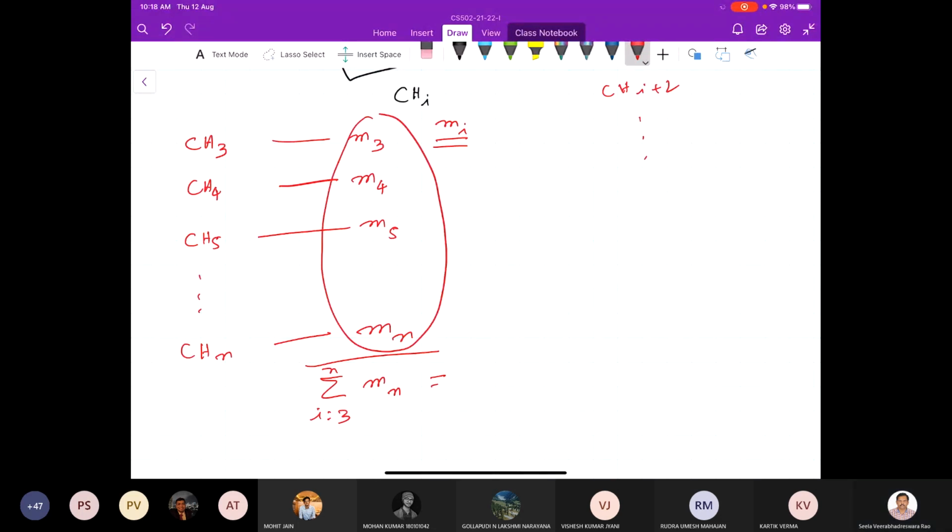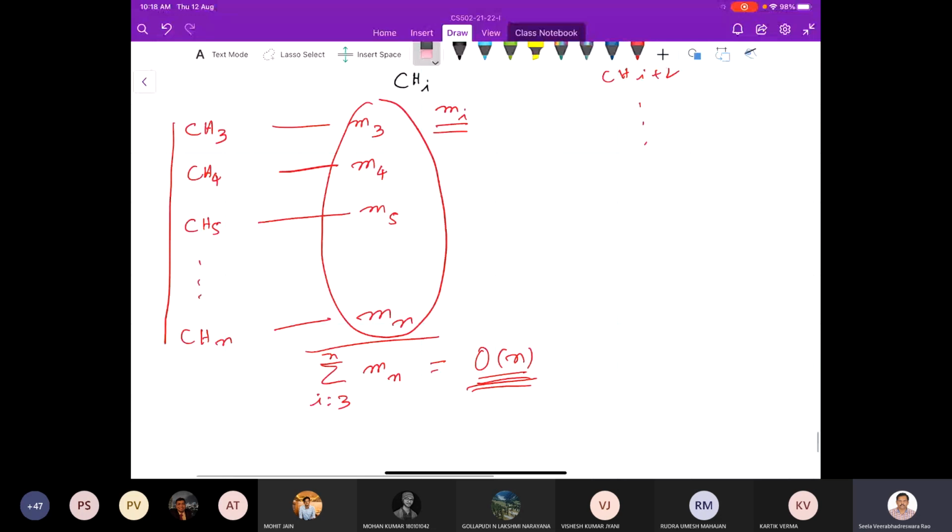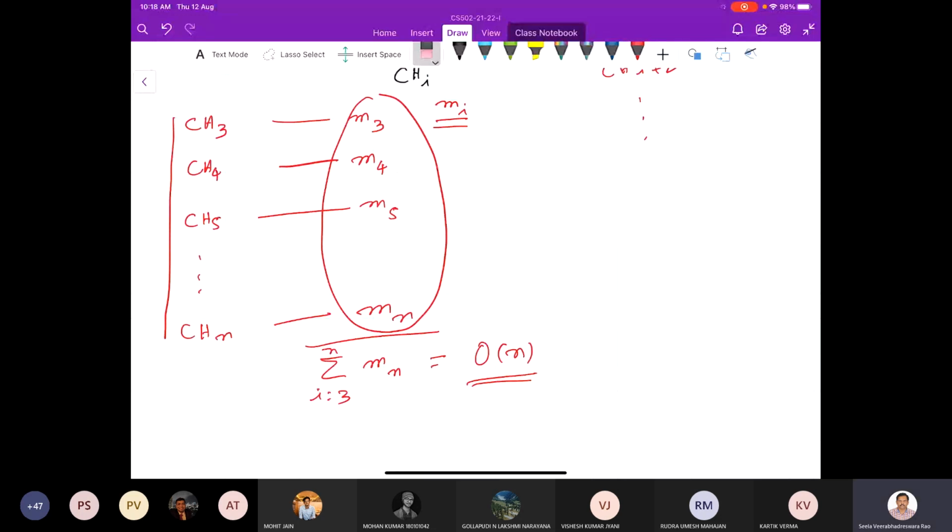So finding all the tangents from the CH3 to CHn is only in order n time. Okay, so once we have sorted these points, then we can find out the convex hull in order n time.